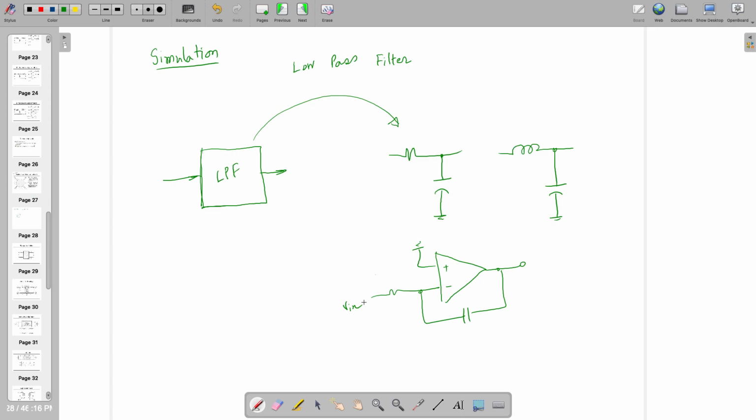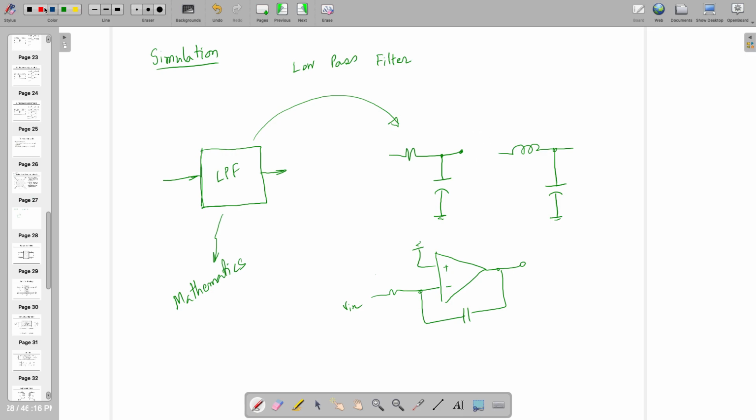It may be anything, which is going to give you some poles and zero locations. So when you are simulating it, before this you are going to either make a mathematical model and then simulate this, or you are drawing this circuit.